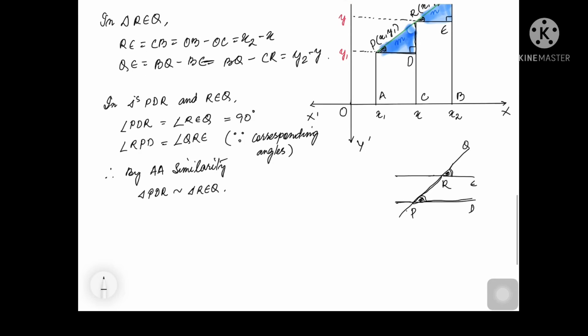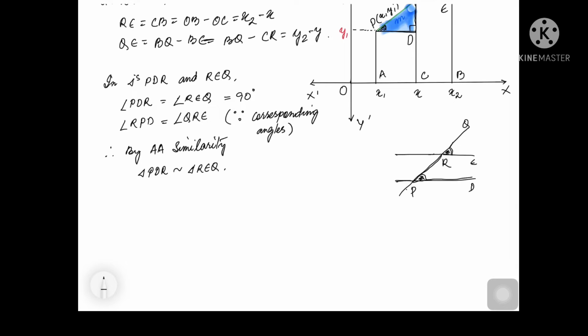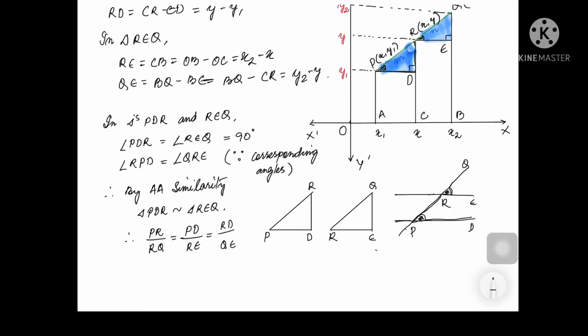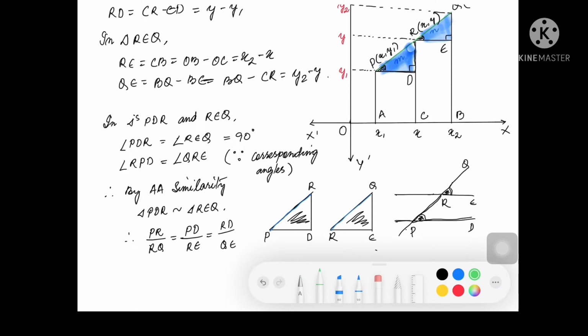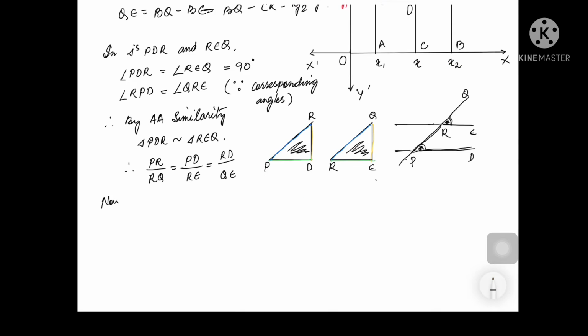Then if two triangles are similar, we know that their corresponding sides are proportional. If we talk about triangles PDR and REQ, PR divided by RQ equals PD divided by RE equals RD divided by QE. Now consider PR by RQ equal to PD by RE.